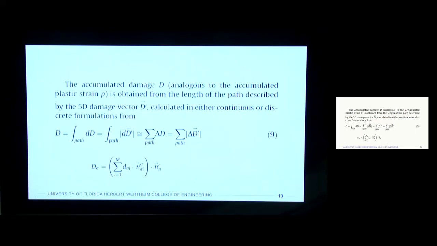And so then they come up with an integral, and in this case it's a numerical integral, but it says the accumulated damage D, right? And they say it's kind of analogous to accumulated plastic strain, is obtained from the length of the path described by this multi-dimensional damage vector, calculated either in continuous or discrete formulations.